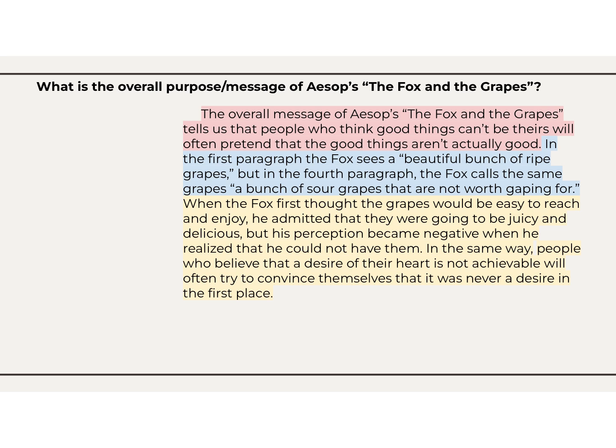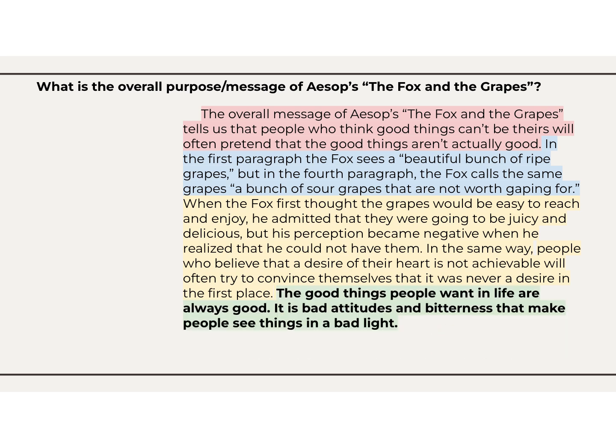When the fox first thought the grapes would be easy to reach and enjoy, he admitted that they were going to be juicy and delicious, but his perception became negative when he realized that he could not have them. In the same way, people who believe that a desire of their heart is not achievable will often try to convince themselves that it was never a desire in the first place.